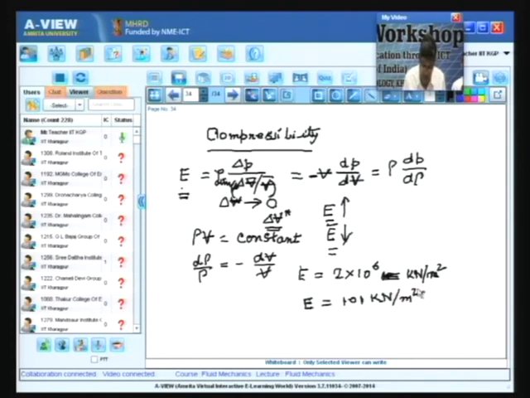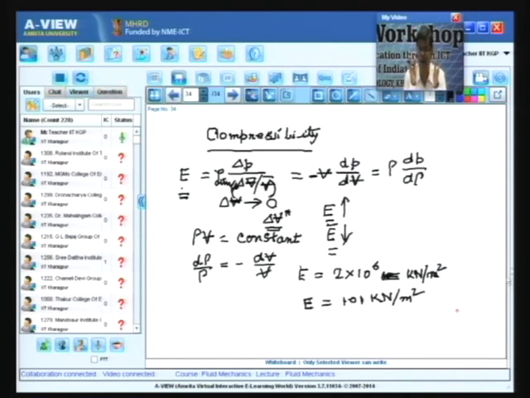So you see that by orders of magnitude, the bulk modulus of elasticity for water is 2 into 10 to the power 4 times more than air. Therefore, water is almost incompressible, that means its compressibility is very less, while air is very much compressible as compared to water.